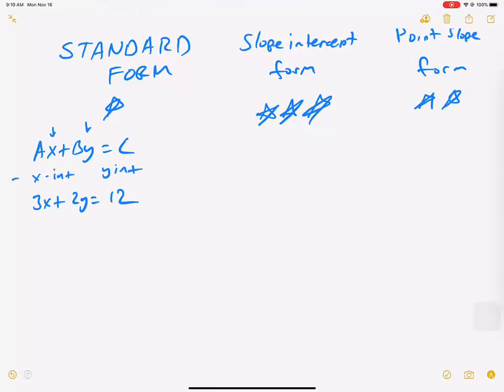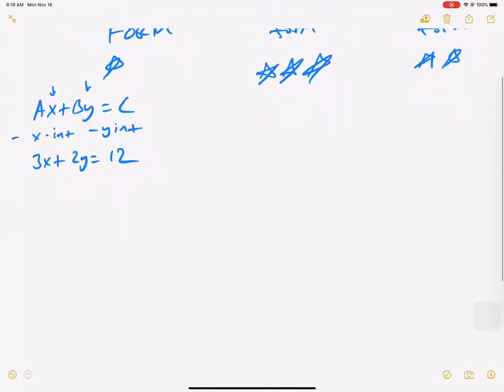These are the key points here, x-intercept and y-intercept. Because I'm looking for the x-intercept, I'm looking for what x would be when y is 0. So the x-intercept is what is x when y is 0?